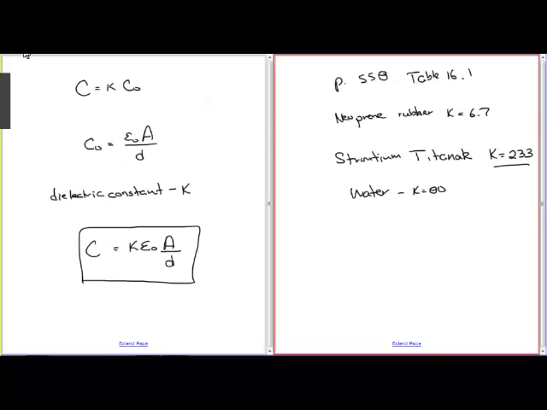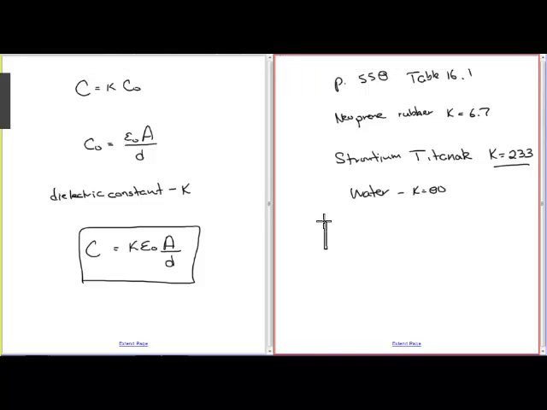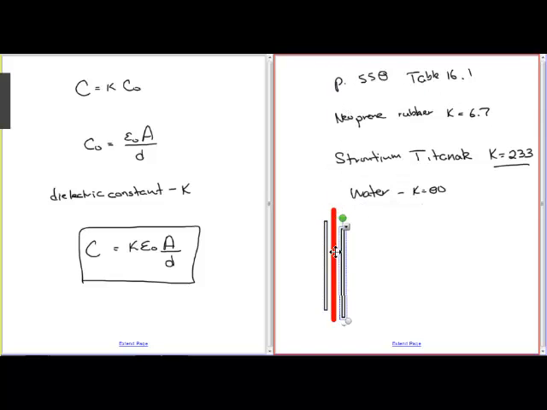If you had air, you might have a roughness in the surface and you couldn't guarantee that they didn't touch. Whereas if you take two parallel plates and stick some material in between, let's draw, so this is the material, then I can guarantee that they're not going to touch because it's a solid.